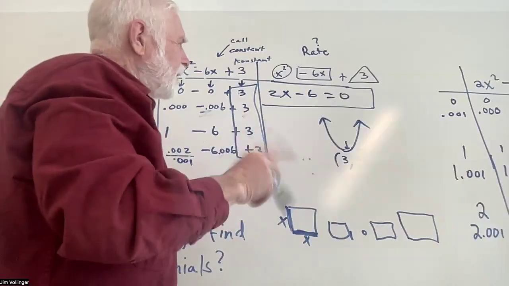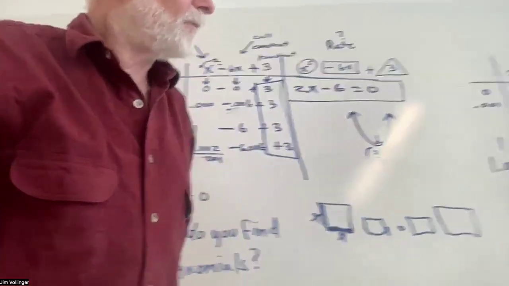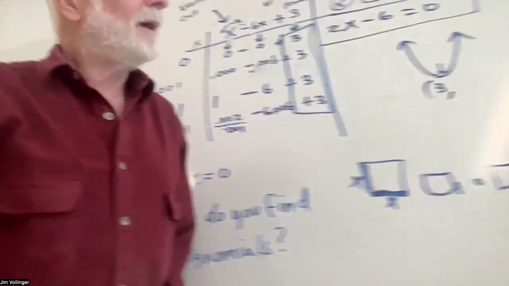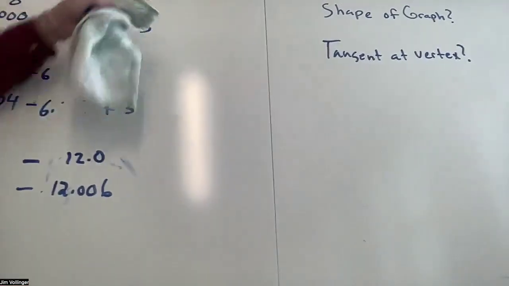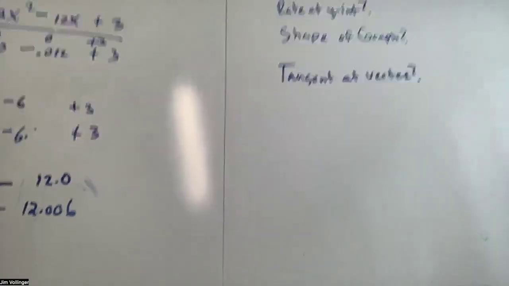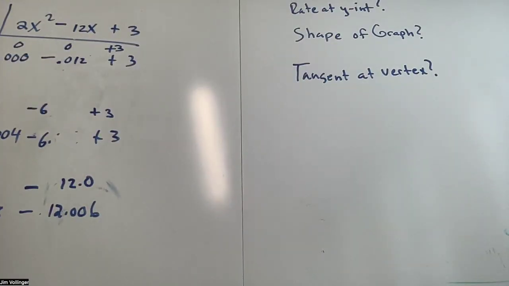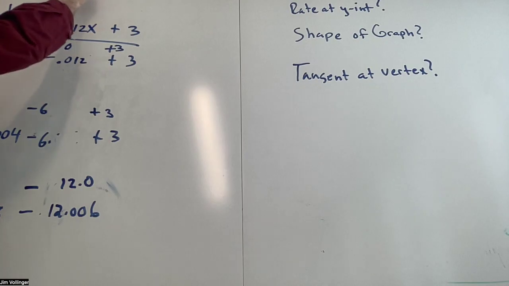At the y-intercept, let's see. Let's go over here. At the y-intercept, let's use this function right here. I know when x is 0, there's no change. And what are you looking at? I already answered my own question, so I'm not going to.